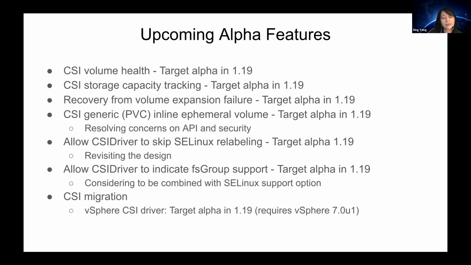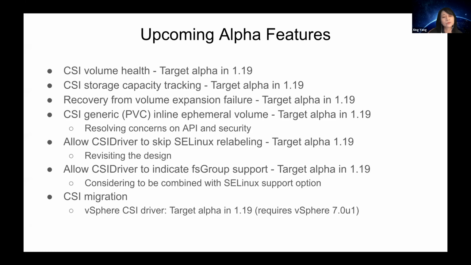And the next one is allow CSI driver to skip SELinux relabeling. This one basically just adds a flag in the CSI driver spec for a driver to say whether it wants to support this or not.